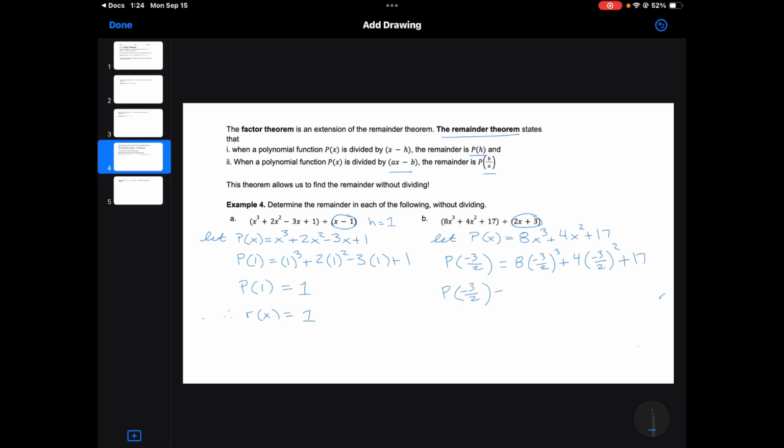Now we are using calculators. This should be something that you are comfortable putting into your calculator and evaluating in one step. Algebraically, you would have the skills to do it using a common denominator, but you should be able to do it in terms of efficiency using your calculator here. So our remainder is 1 for our first example, and our remainder is minus 1 for the second, both of which we found without dividing.